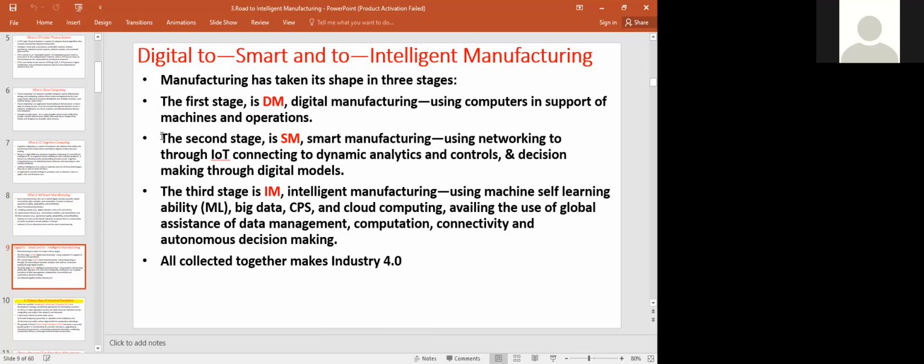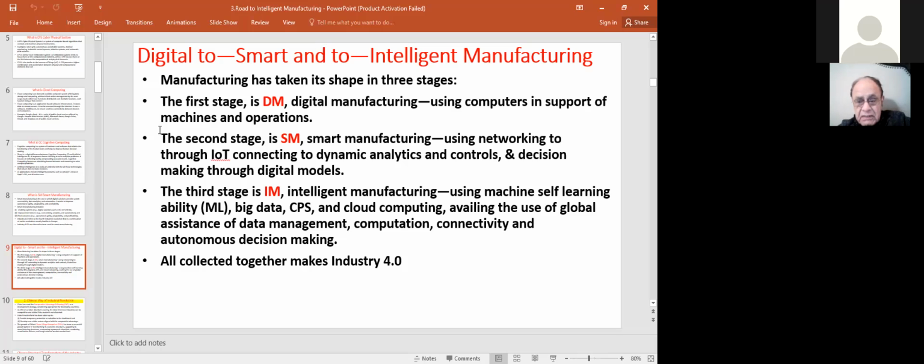What is the process from digital system to smart system and finally to intelligent manufacturing? The digital system of manufacturing was the first stage, and it means using computers in support of machines and operators. Smart manufacturing is the second stage, which comes after digital manufacturing.